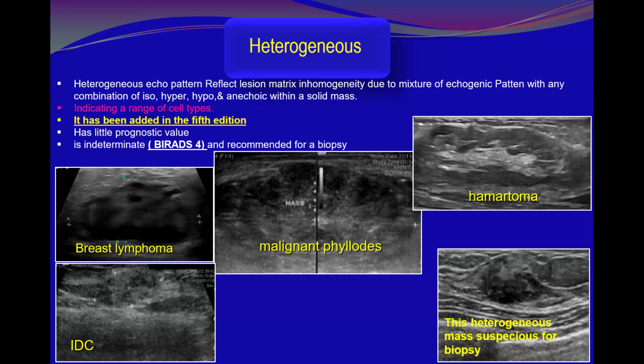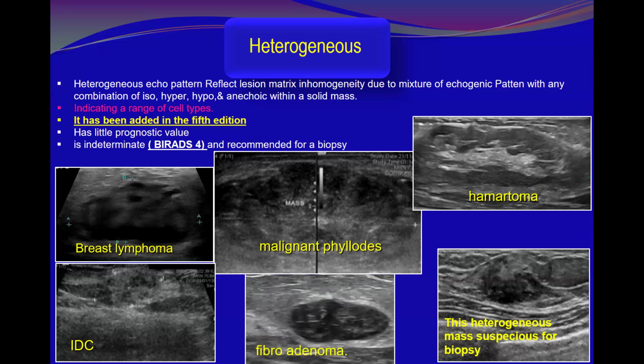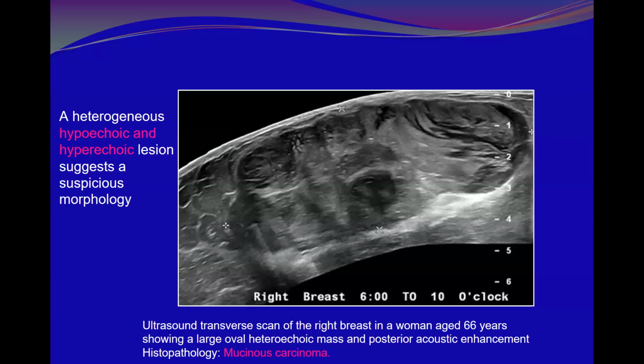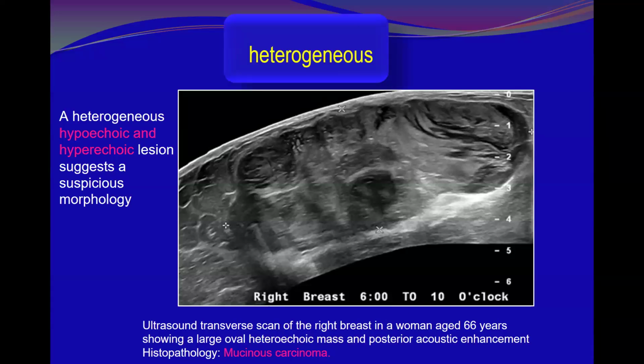It has also been added in the 5th edition, and it has little prognostic value, as we have seen here, from benign to malignant. But since it is indeterminate, it has to be within the range of BI-RADS 4, and if the lesion is heterogeneous, we have to recommend biopsy. Even here, this is a heterogeneous fibroadenoma, and this is a hamartoma. This is an example of a heterogeneous echo pattern.